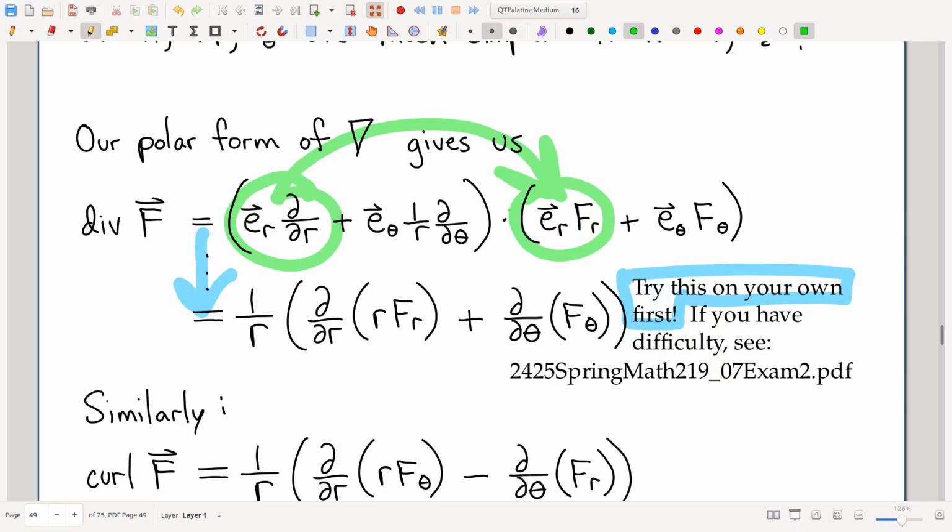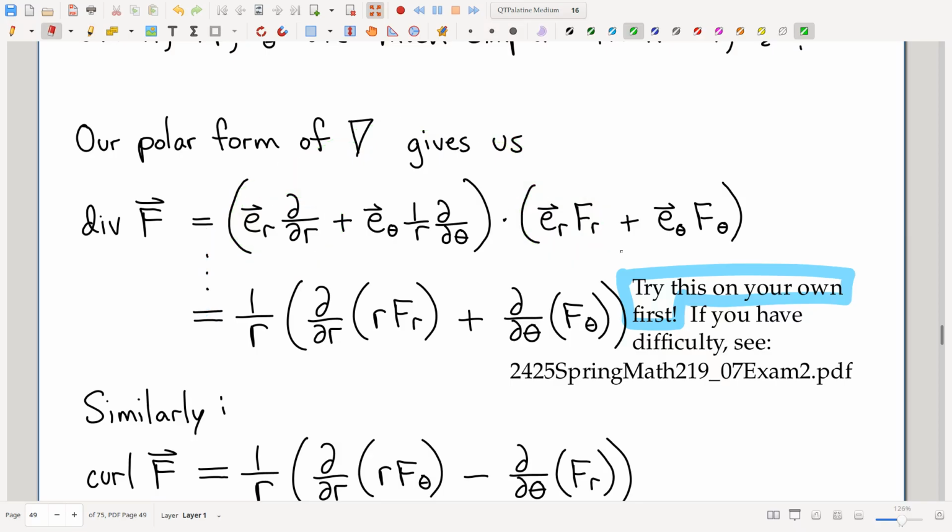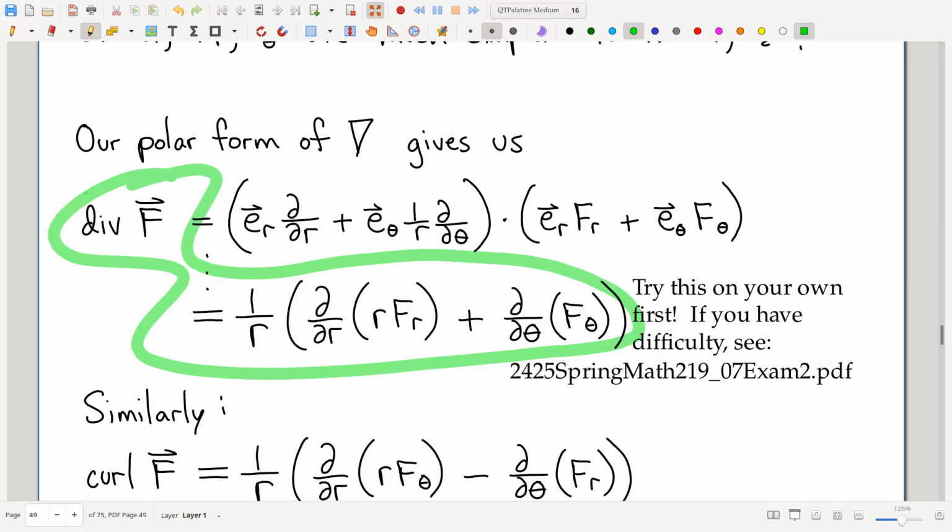You have to look at the picture and think about it. It's a little geometry question. And it turns out that's 0, by the way. Something to think about. And then you'll eventually have to take the r partial of FR and then so on, and you keep going. And when you get to the end, what you'll find is that this is a handy, compact, and convenient polar formula for how to compute divergence.